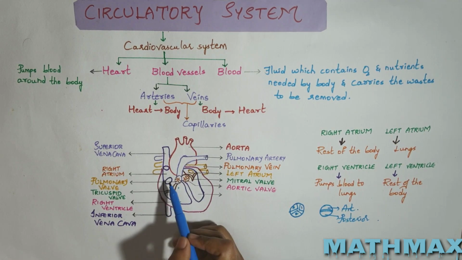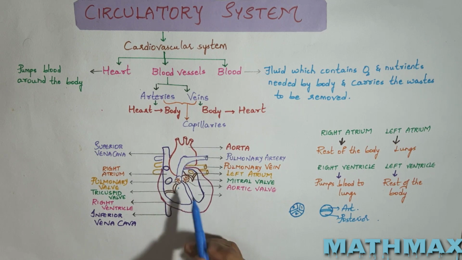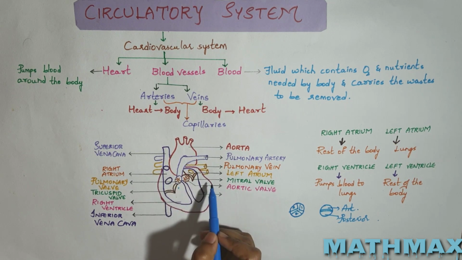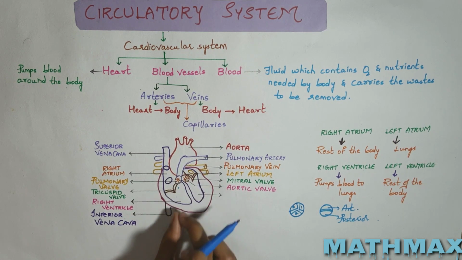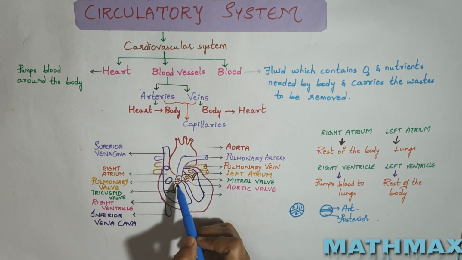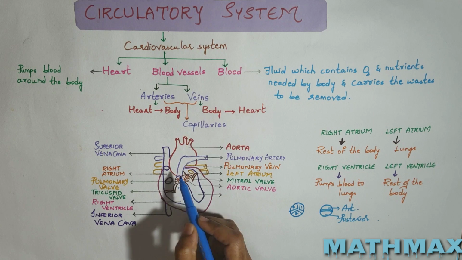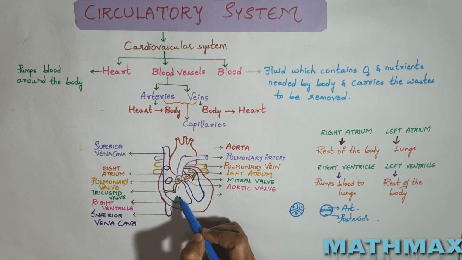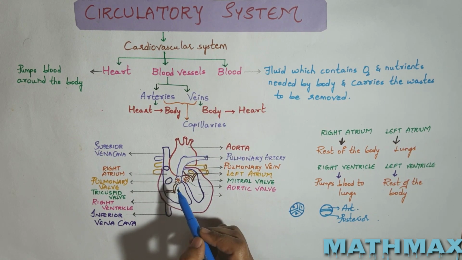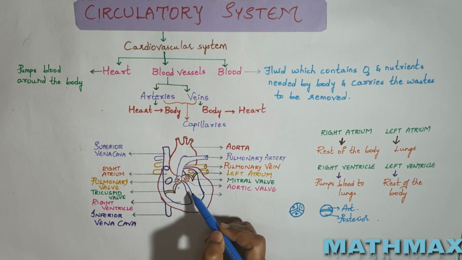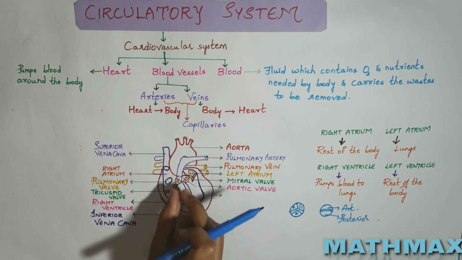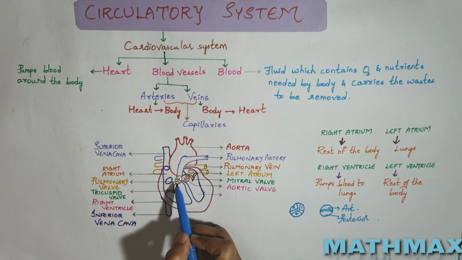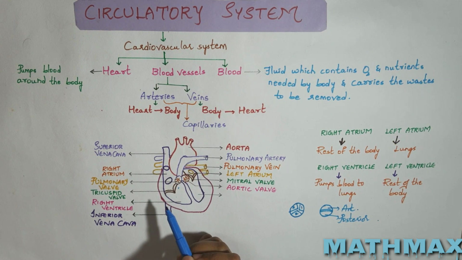The valves present in between the right atrium and right ventricle, that is the tricuspid valve, and the mitral valve or the bicuspid valve, are known as the input valves, whereas the valves present in between the right ventricle and the pulmonary artery, that is the pulmonary valve, and the valve present in between the left ventricle and the aorta, that is the aortic valve, are known as the output valves.